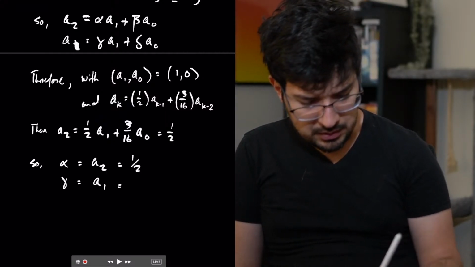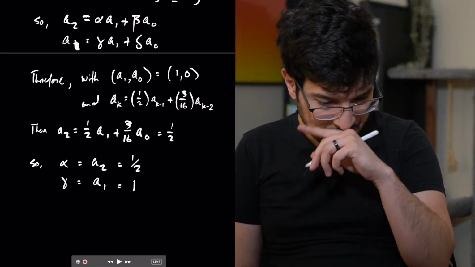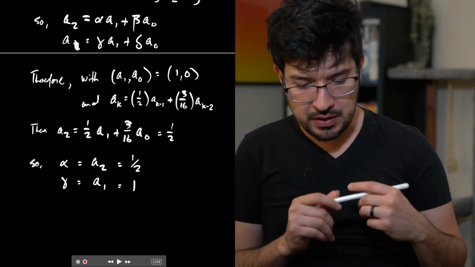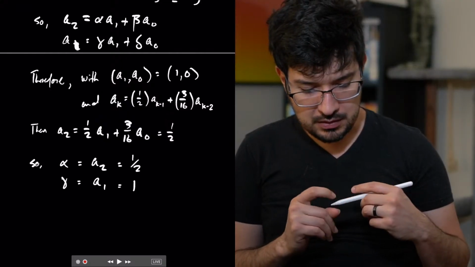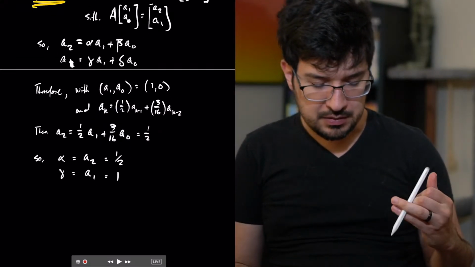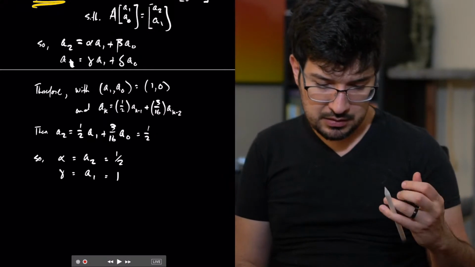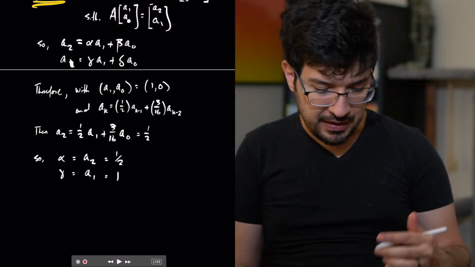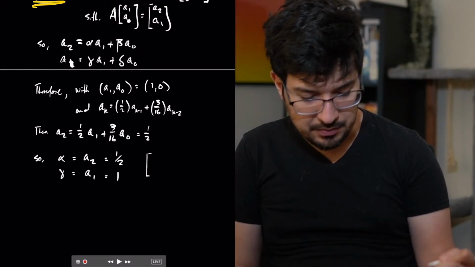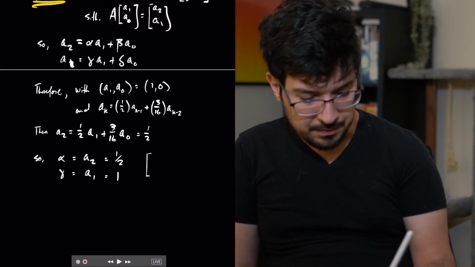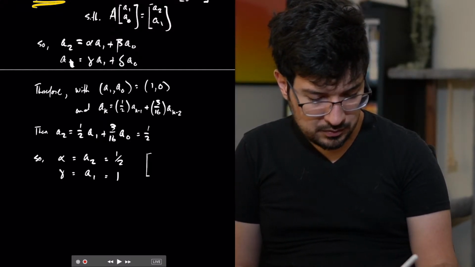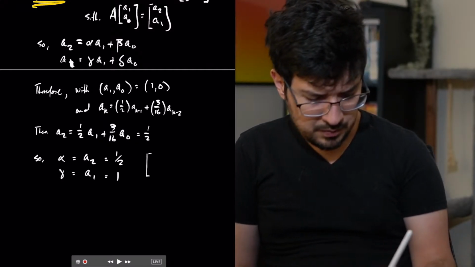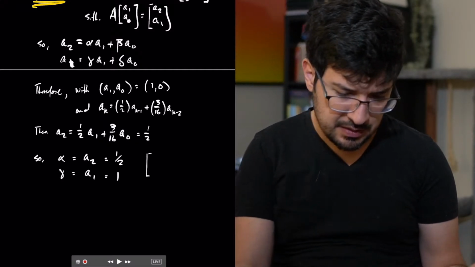Gamma is 1. But we don't know beta and delta until we calculate the next term, I think. Because beta and delta could be, yeah, like right now we have a dependent system. Right? Yeah, we have a dependent system.